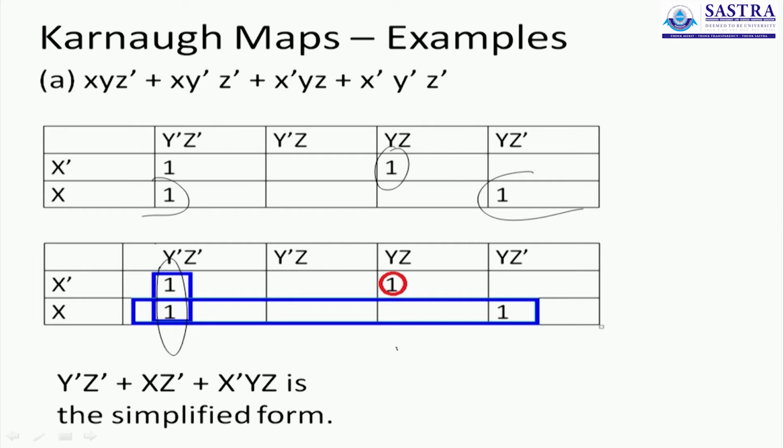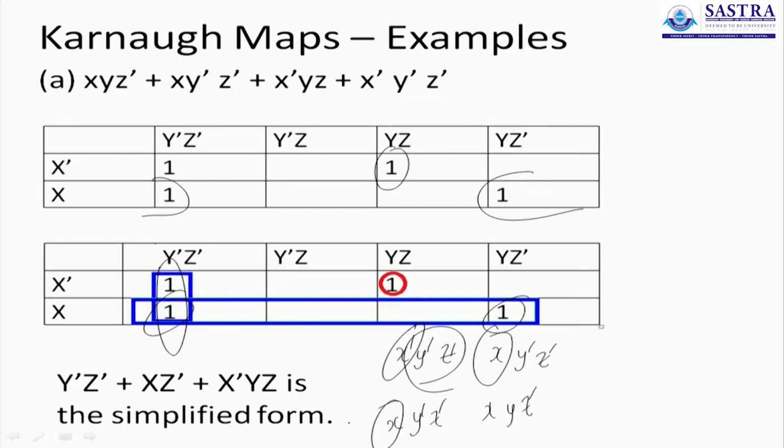I have x bar, y bar, z as well as x, y bar, z bar. Now when I group these, this x gets simplified and I get only y bar, z bar as the required answer. Similarly, when I group this one and this one, I have x y bar z bar and x y z bar. x y is common, z bar is common, retain them.